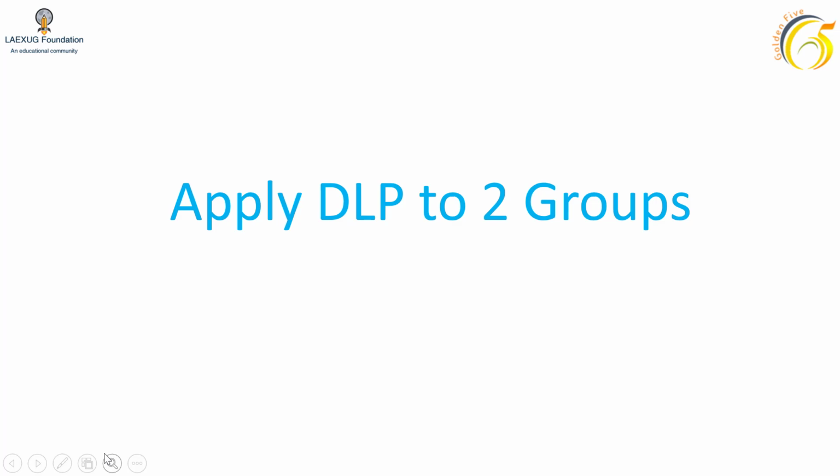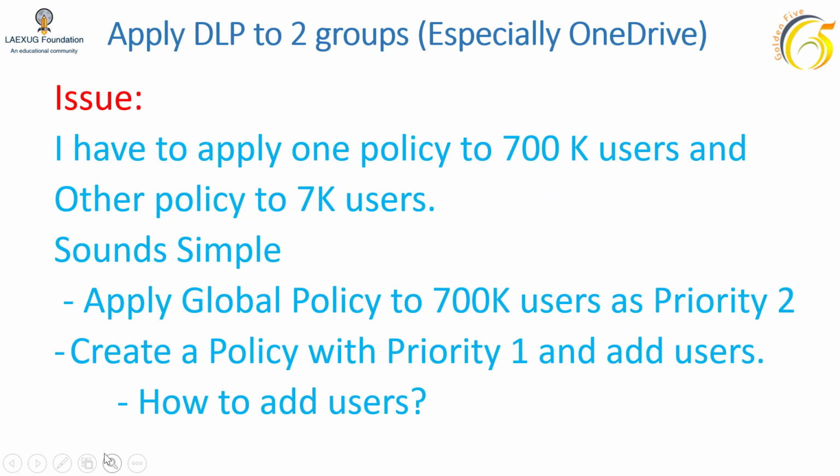So, apply DLP to two groups. That's the second issue. I'm explaining what the actual issue was. I have to apply one policy to 700K users, and another to a group of 7K users, so 7,000 and 700,000 users, two different groups. It sounds simple if they're part of a group, but there are limitations. 700K users cannot be part of one group.